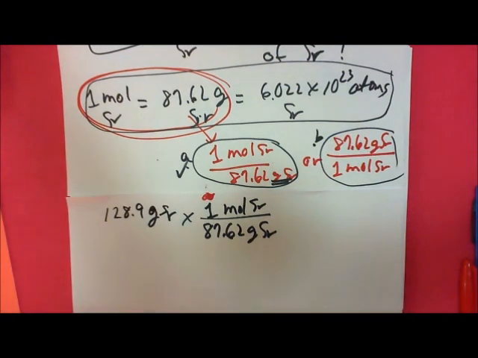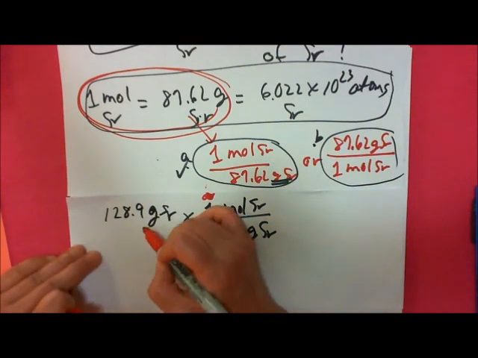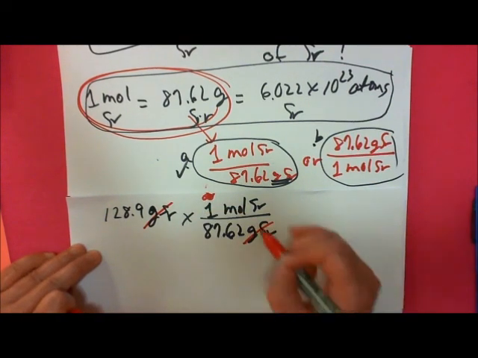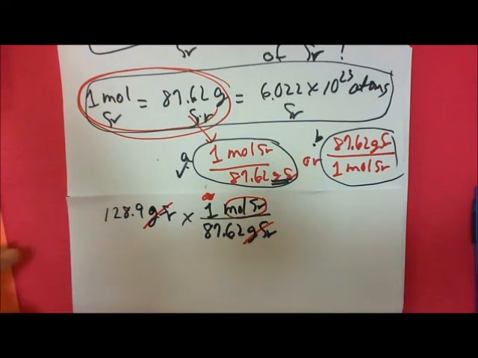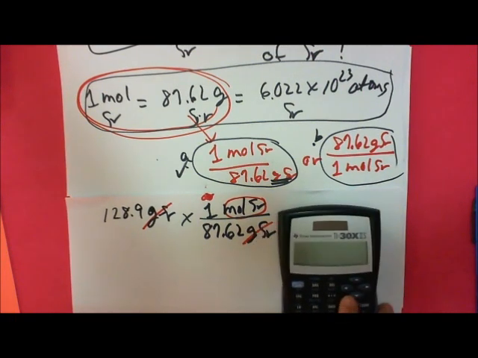Now let me cancel out what I can. I've got grams of strontium and grams of strontium, and what I have left after that is a mole of strontium. I can go ahead and put that into my little calculator.